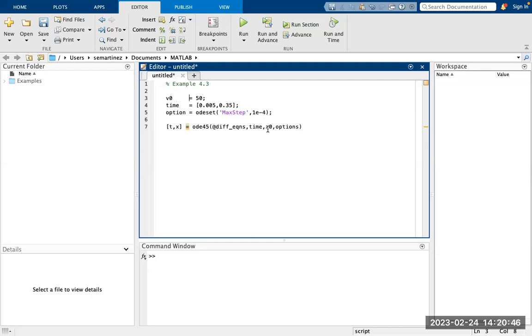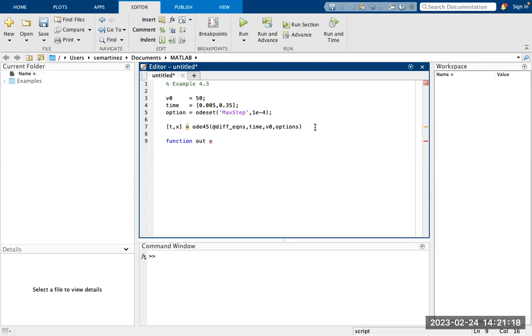So in our case, the initial condition is V0. And now we have to define our function, right? To define the function, we're going to use this command function, and the output of this function is going to be our differential equation.